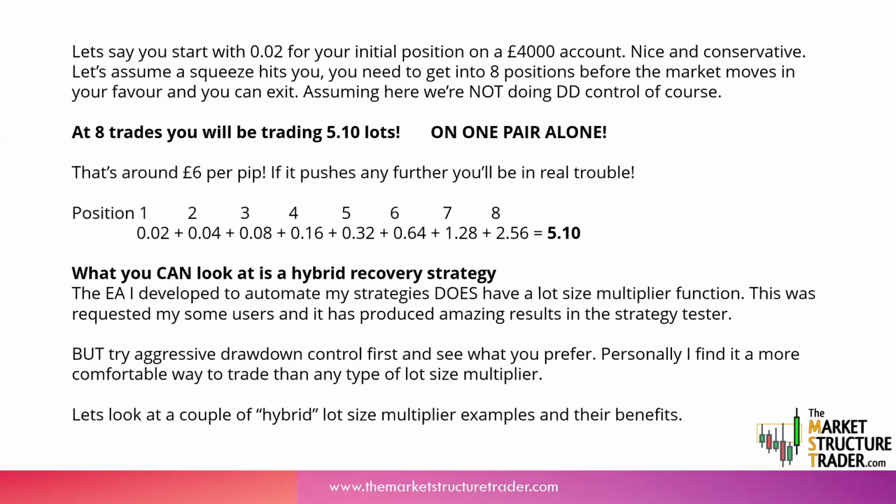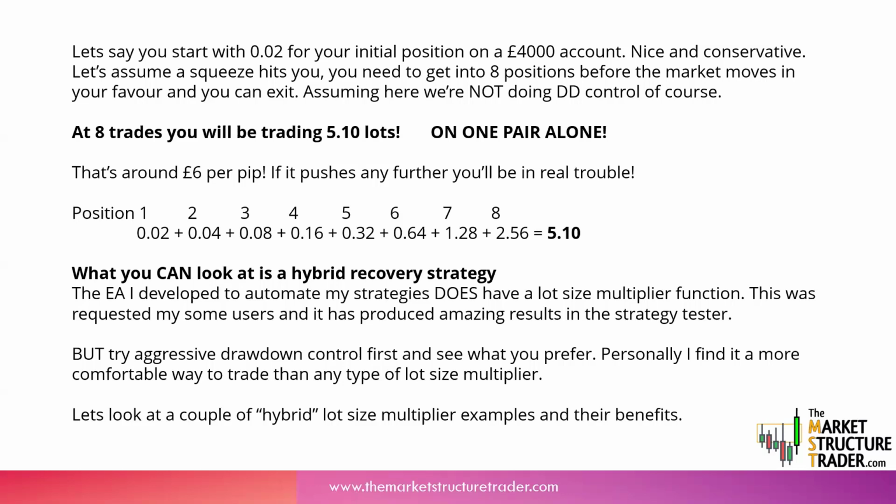Okay, right? So as Alistair's just said, unless you don't double the lots. So what you can look at is a hybrid recovery strategy. Okay, so the EA developed to automate my strategies does have a lot size multiplier function. Okay, so what it allows you to do is enact a Martingale style strategy.